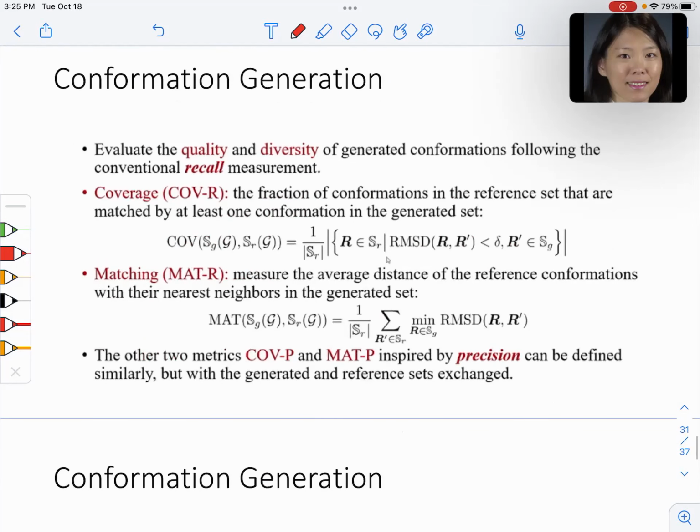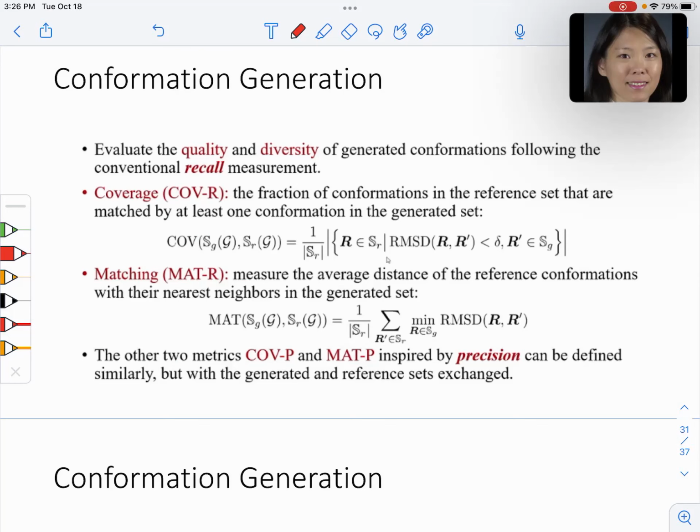And for the evaluation, they adopt the following two standard metrics. One is called coverage. As I said, for each input graph, they have a set of conformations, which we call the reference set.